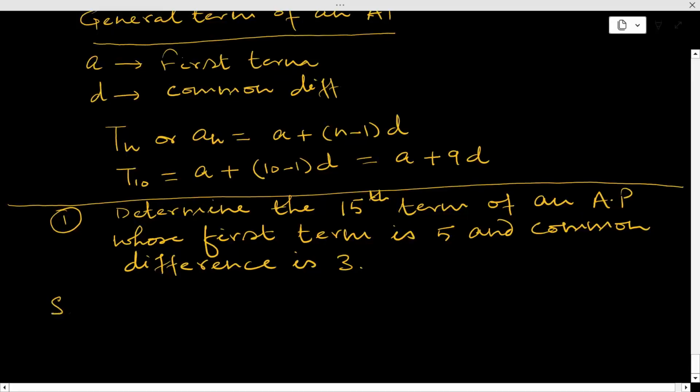Let us begin with the solution. Whenever we have to deal with a problem related to the nth term of an AP, first of all we have to note down the given information. The information which we have is the value of the first term, which is 5, and the common difference, which is 3, and we have to determine the 15th term.